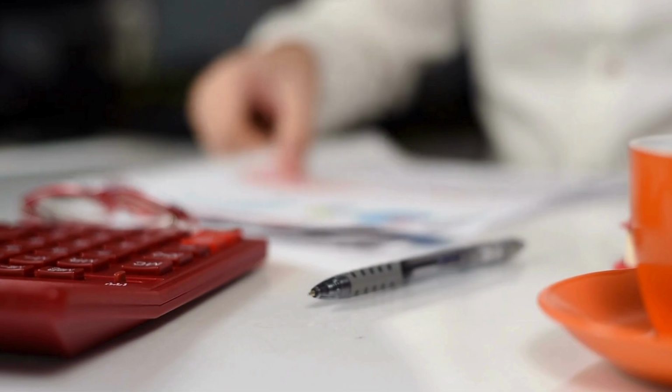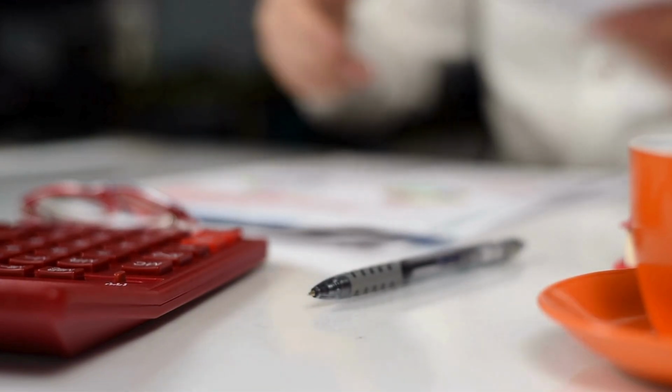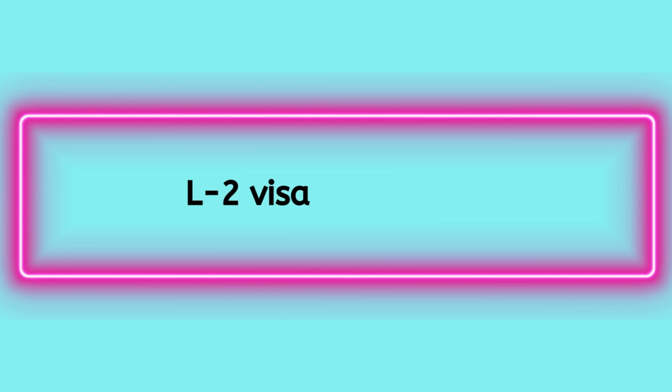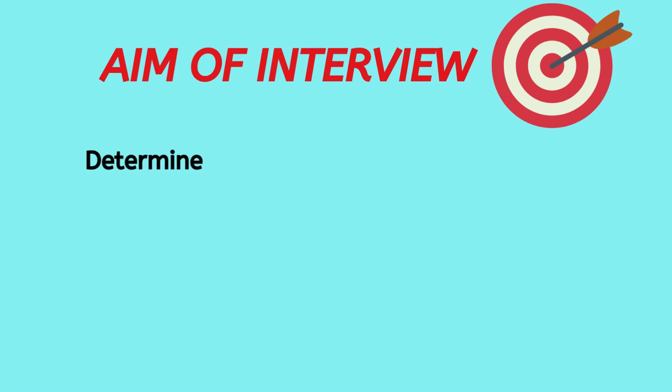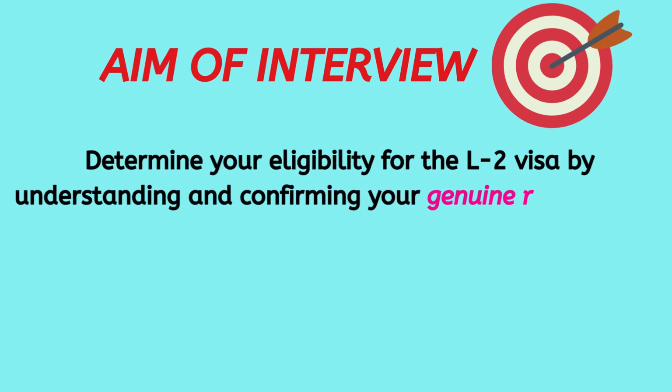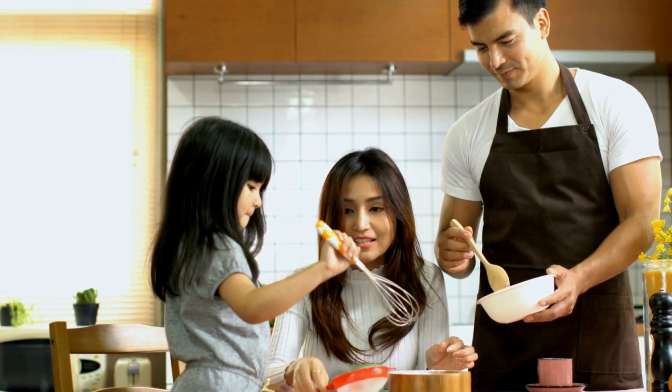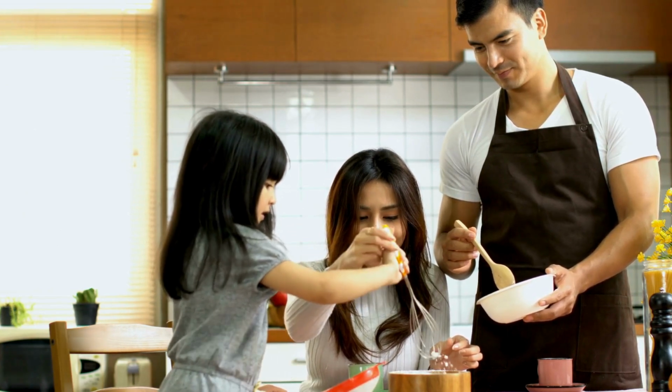Now friends, after collecting all these documents, let's focus on step number 5, the visa interview. Your L2 visa interview is crucial and it aims at determining your eligibility for the L2 visa by understanding and confirming your genuine relationship with the L1 visa holder.